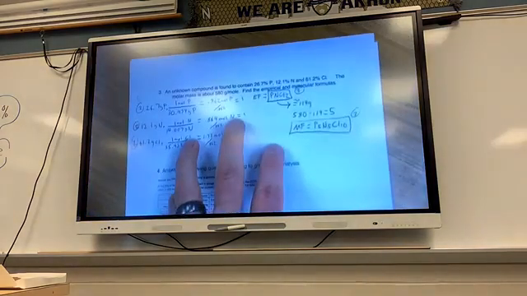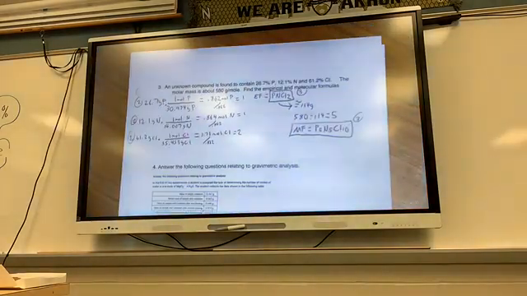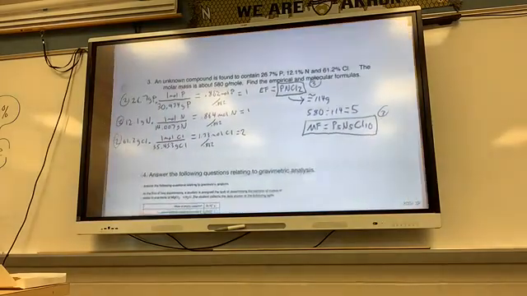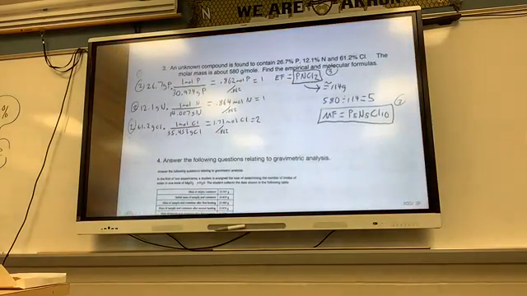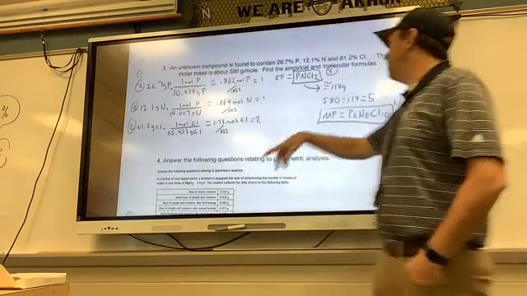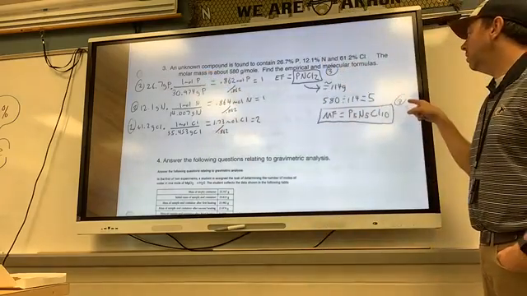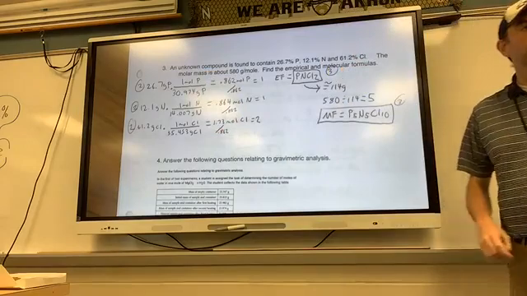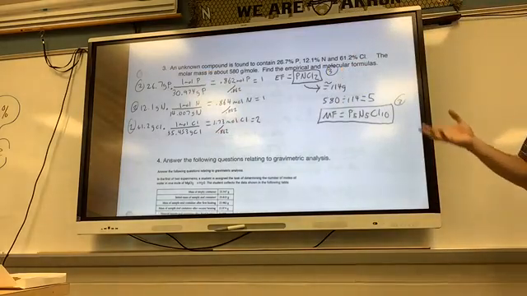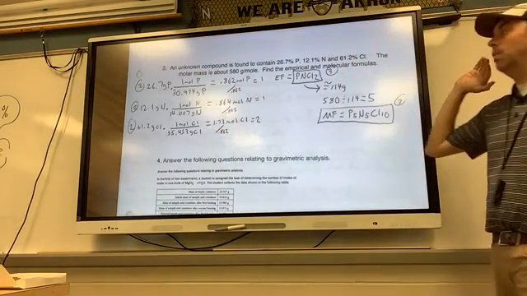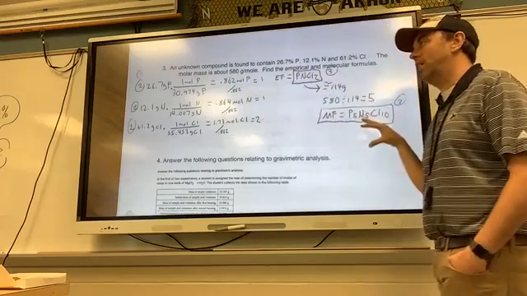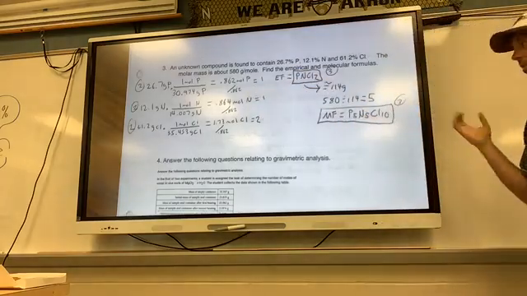Page 2, we had our empirical formula. So let me zoom in a little bit so you guys can see how many points this was worth. This question was worth 2, 4, 6, 9, 12 points. It's worth 12 points. So if you had work and you missed one of these and that carried through everything else, I think I took off 5.